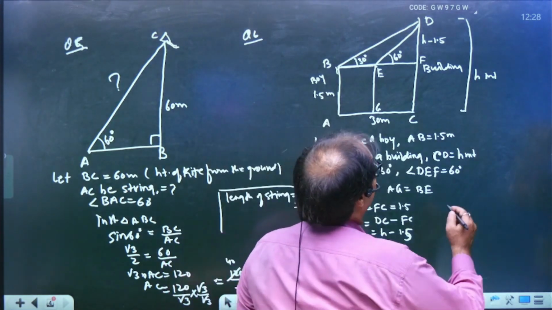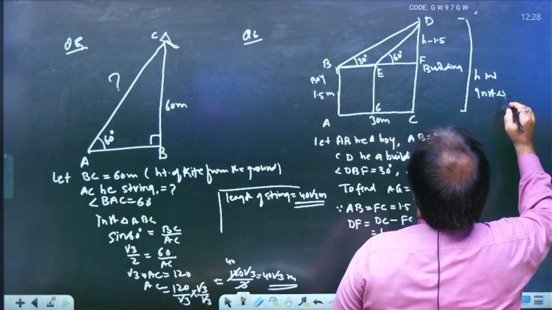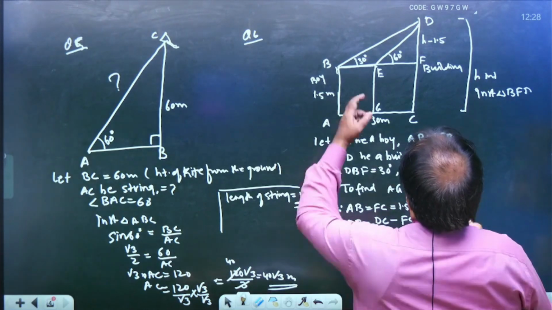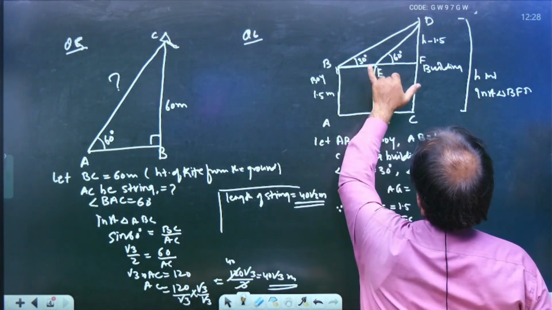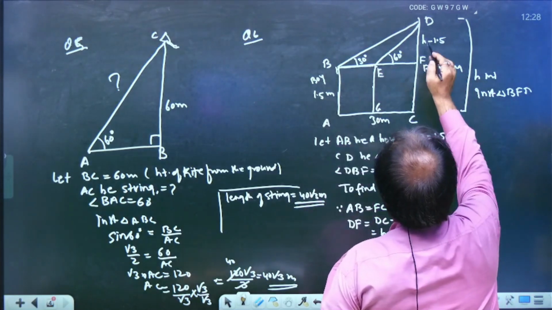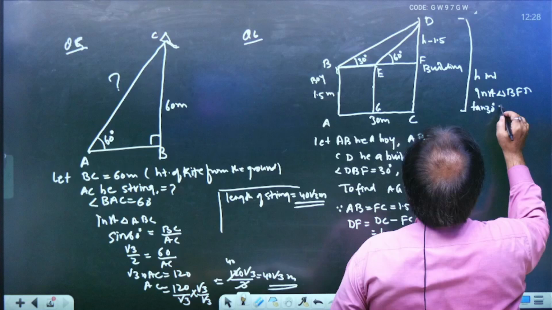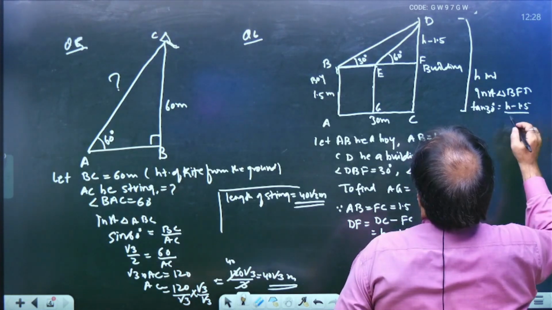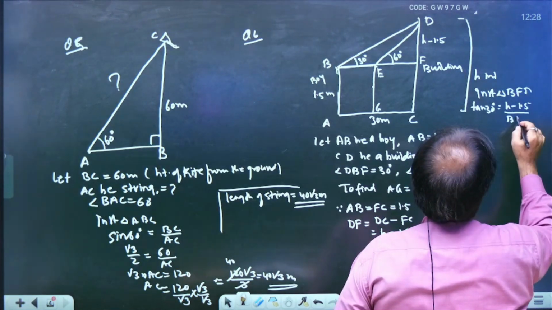Now in right triangle BFD, this is the perpendicular and this is the base. So tangent 30 degree is equal to perpendicular, H minus 1.5, divided by BF.